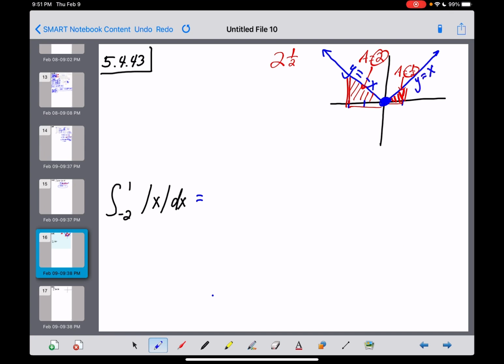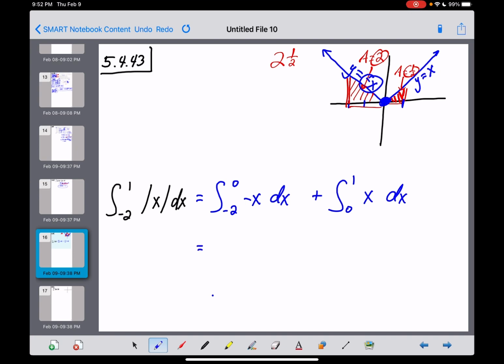So we could make this an integral from -2 to 0 of this function right here, of -x taken with respect to x, and then add to that a second integral now on the right side that starts at 0 and ends right here at 1.